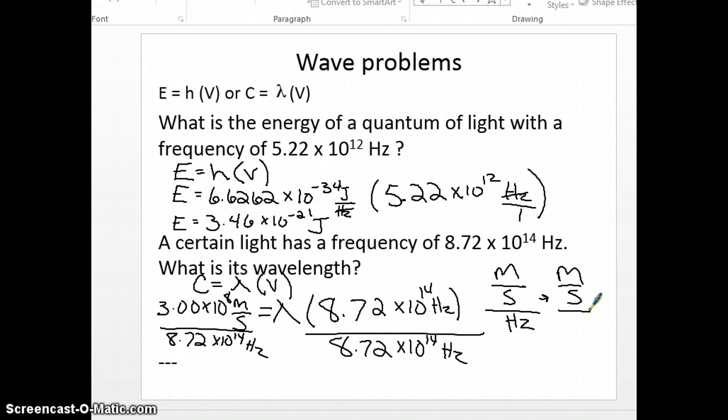And remember, the other way to write hertz is 1 over seconds. So we're taking a fraction divided by a fraction, which is this.